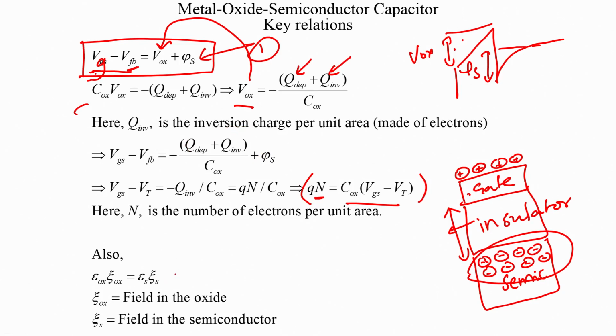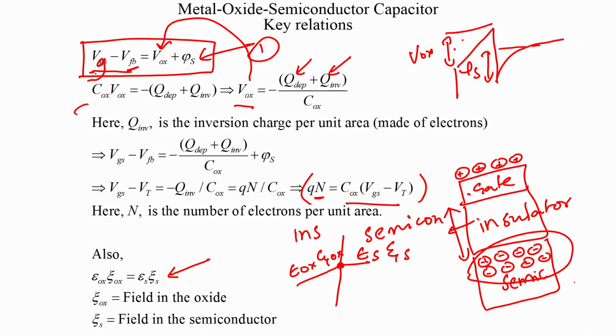Now, the other equation is equating the displacements at the insulator semiconductor interface. So, what this equation says is the epsilon ox into the electric field in the oxide, this product at this interface must be continuous, which means it must match epsilon s into the electric field in the semiconductor, and you can calculate the electric field in the semiconductor by solving Poisson's equation, and that calculation will have an xd or a phi s dependence on it, and by using this relation you can estimate what phi s is.